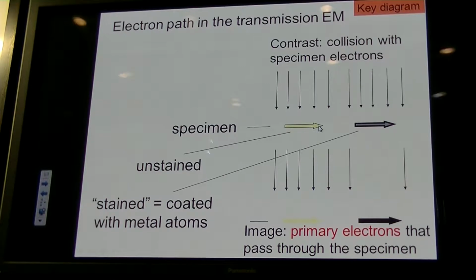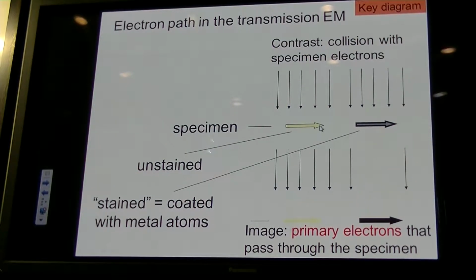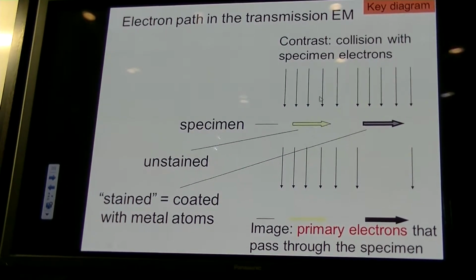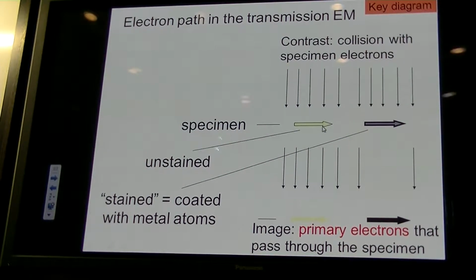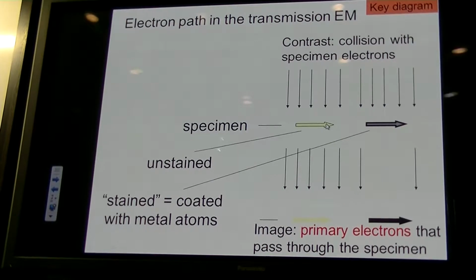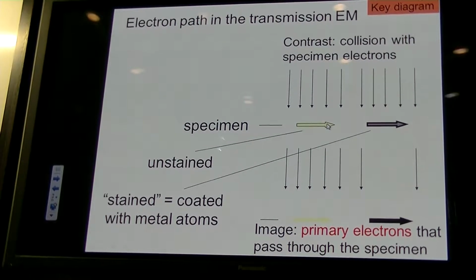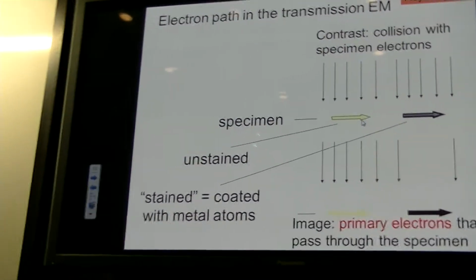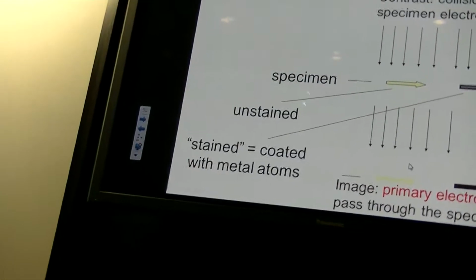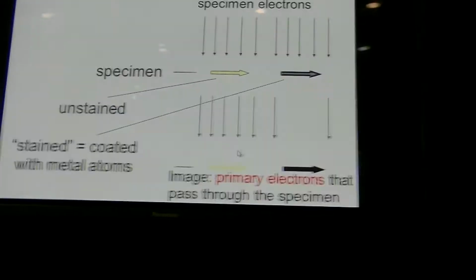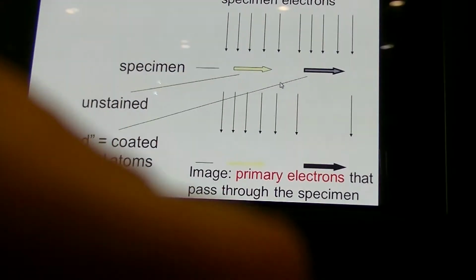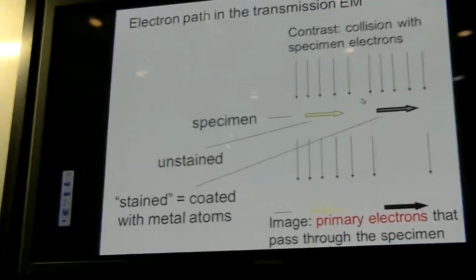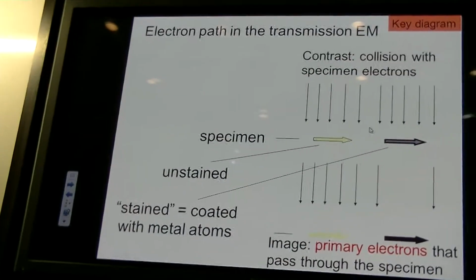Carbon, hydrogen, nitrogen, it's all low atomic number, even oxygen. So we do not have a lot of opportunity for these electrons to interact with this specimen. The interaction means they get scattered, and therefore they would not reach the objective lens and would not become part of the image. So effectively, organic material is transparent in the electron microscope. It's invisible, or very poorly visible.